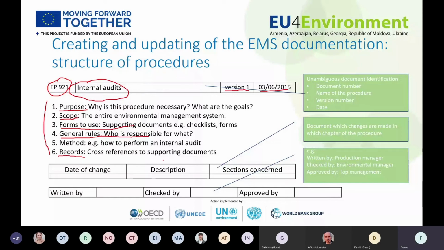There needs to be a history of changes, a track change mode, so that we are clear of which document we are talking about, and it needs to be clearly identified who is the author, who has checked the document, and who has approved it.